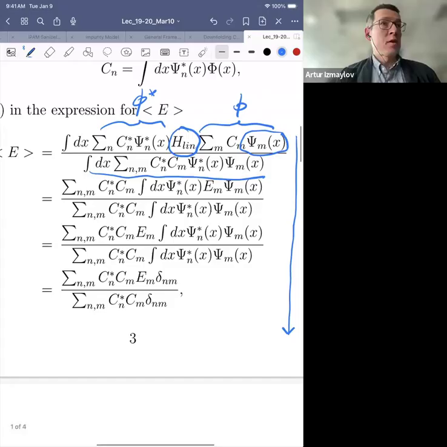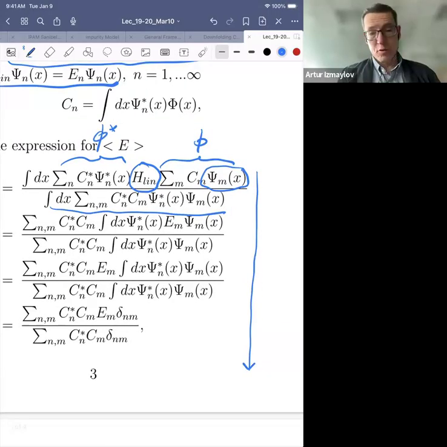So that's what orthonormality is. Now, why do we have orthonormality for the eigenfunctions? If you don't remember, it happens because the Hamiltonian is a Hermitian operator, and all the eigenstates of a Hermitian operator are orthonormal.